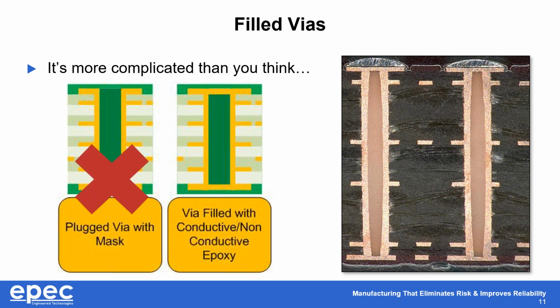So really what we're talking about is this conductive or non-conductive epoxy. And as you see from the picture to the right, this is exactly what you want to see from a finished cross-section, right? You've got a very uniform and smooth fill. You've got hole walls that have the correct amount of copper, and you've got a very flat surface on the top. This is how you want your filled vias to look when they're completed.